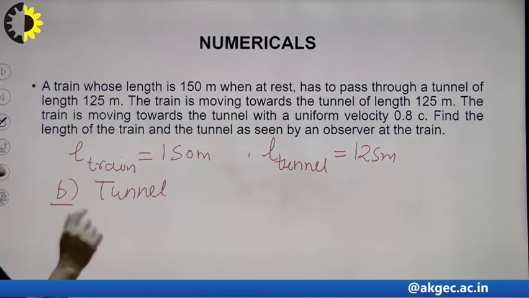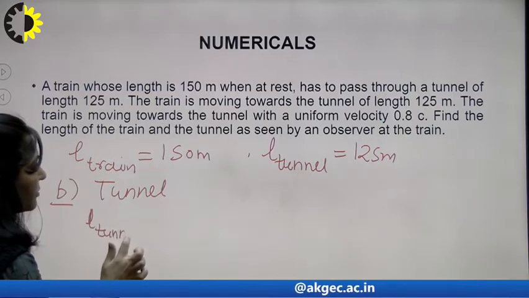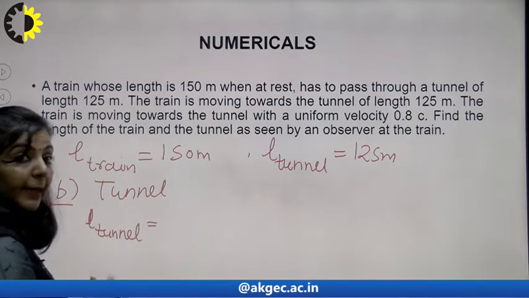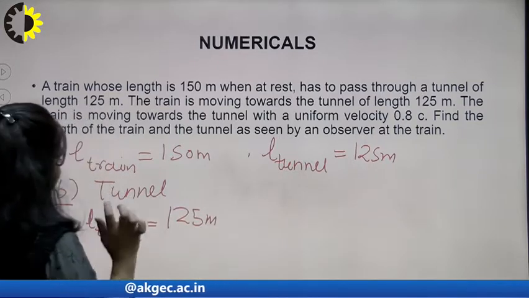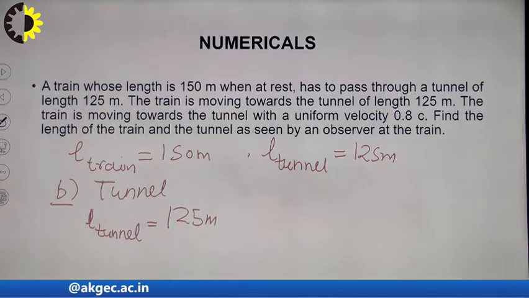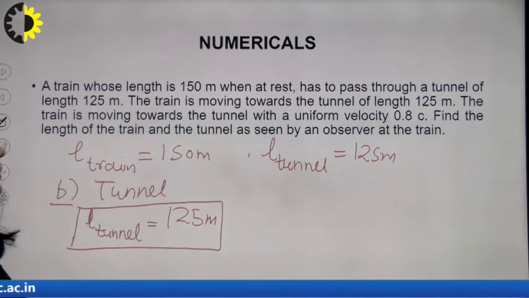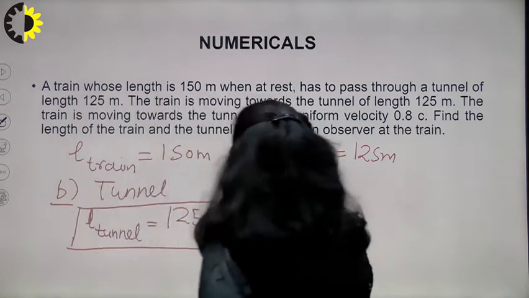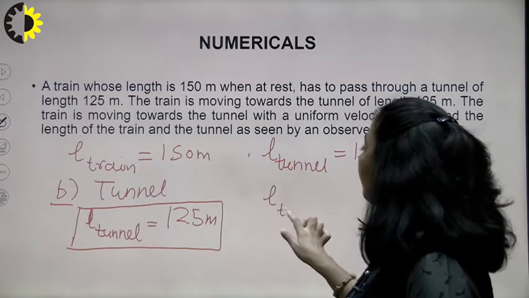So when the observer is in the tunnel, what will be the length of the tunnel for that observer? It will be the same. It means the length of the tunnel is 125 meter. So I hope the first part is clear. Now the length of the tunnel will appear the same, equal to 125 meter. Now we will calculate the length of the train.